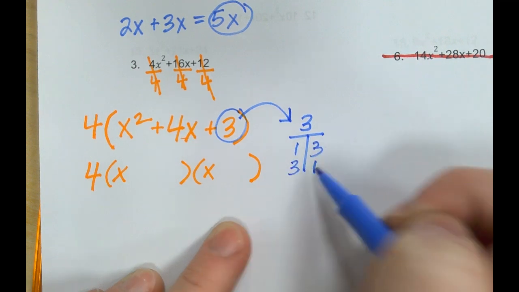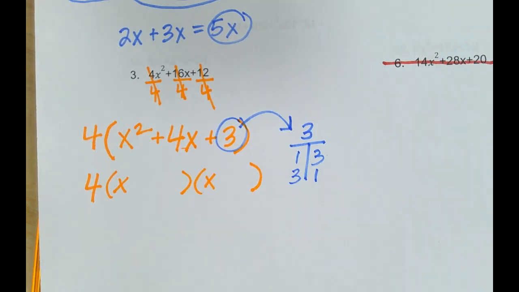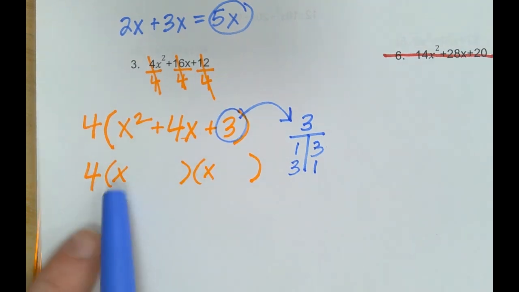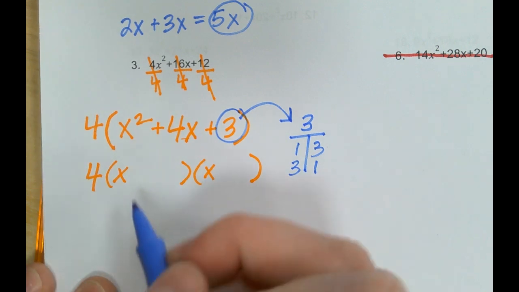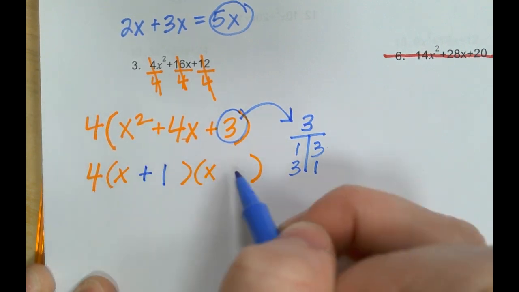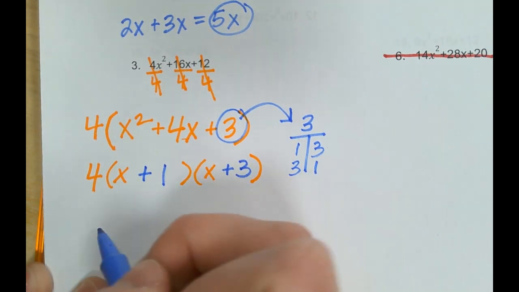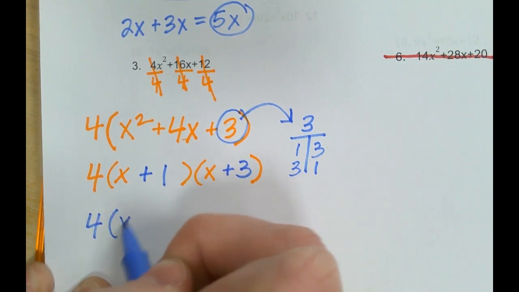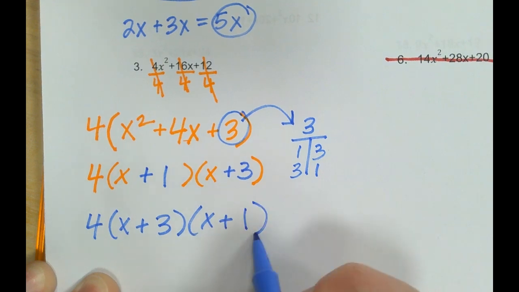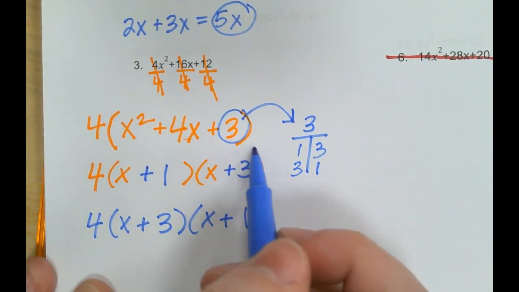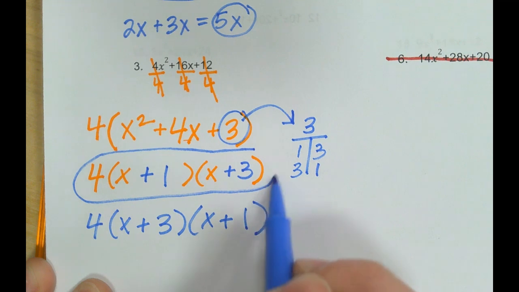Just 1 and 3, or 3 and 1. And in this case, since there's no number attached to either of my x's, it won't matter what order I put them in. I'm just going to do 1 and 3. But you could also do 3 and 1. Either one is correct. These are our answers.